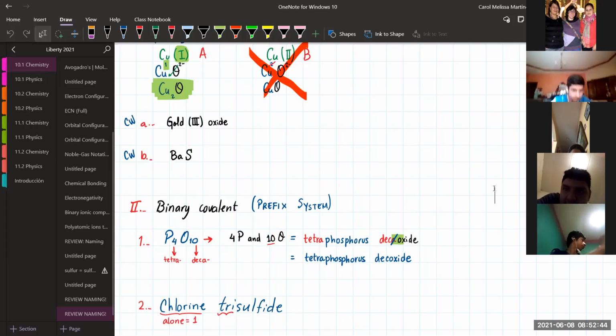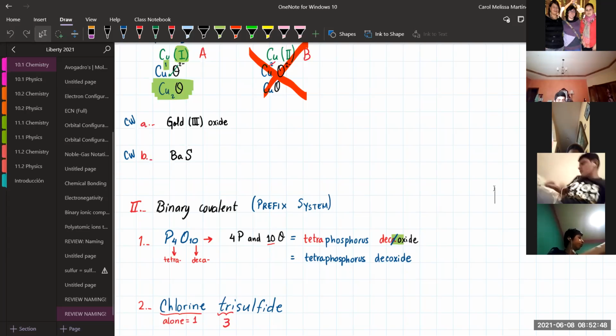Tri refers to number 3. That means that this element will have 3 as a subscript. What element is this? It says sulfide. Sulfide refers to the element sulfur. So from this, we have all the information to write the formula.